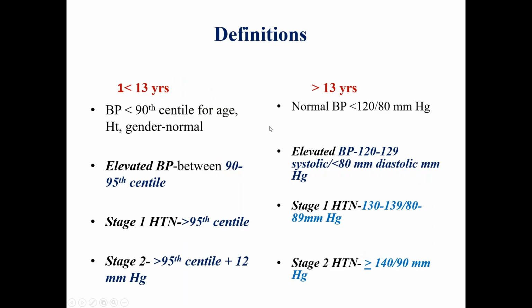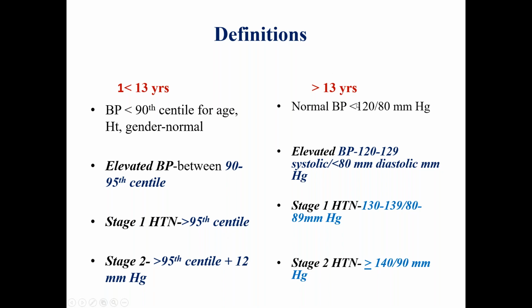Now, for the definition of hypertension in children between 1 to 13 years, from infancy to pre-adolescence, we define elevated BP when the BP is between the 90th and 95th centile for that age, height, and gender. Stage 1 hypertension is BP of more than the 95th centile. And if the BP is more than the 95th centile plus 12, it constitutes stage 2 hypertension.